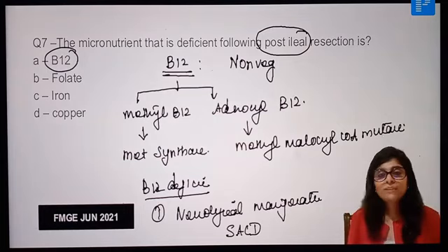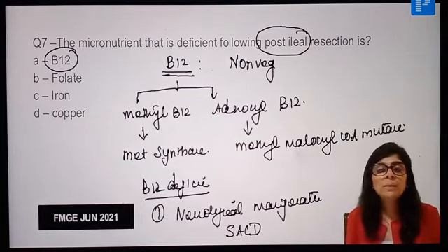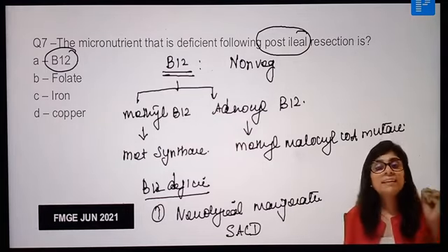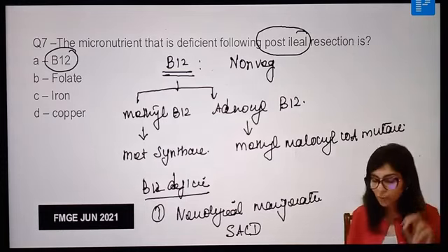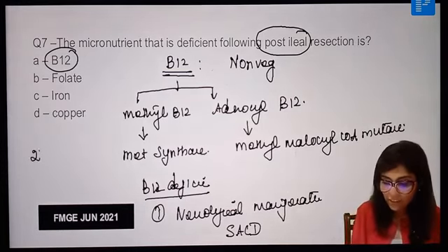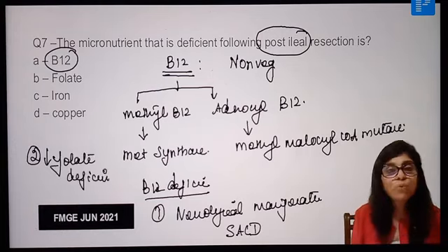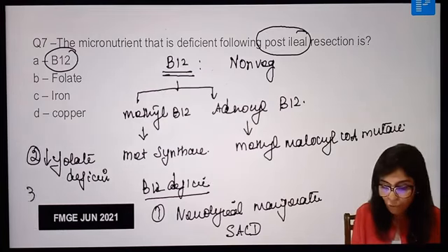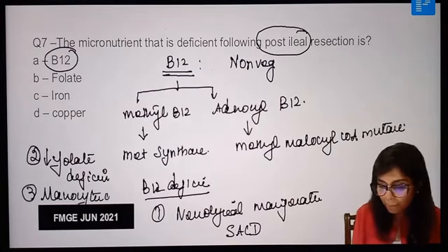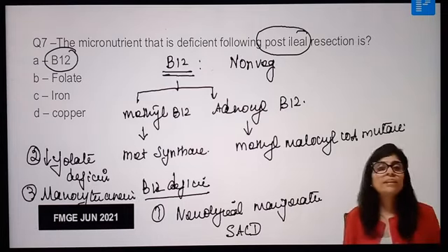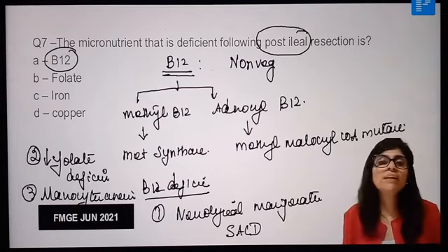Yes, it progresses to subacute combined degeneration. The second manifestation of B12 deficiency is that it causes folate deficiency, and folate deficiency causes macrocytic anemia. Do you understand this? Folate deficiency causes macrocytic anemia.